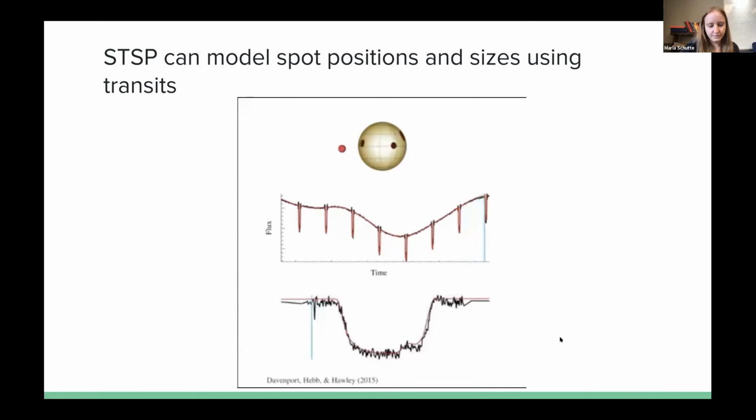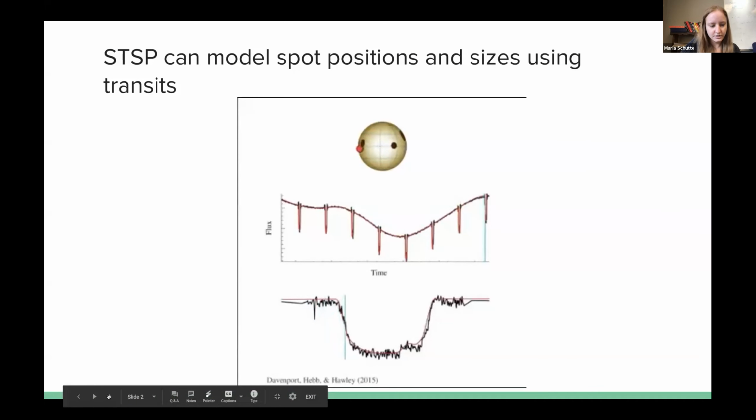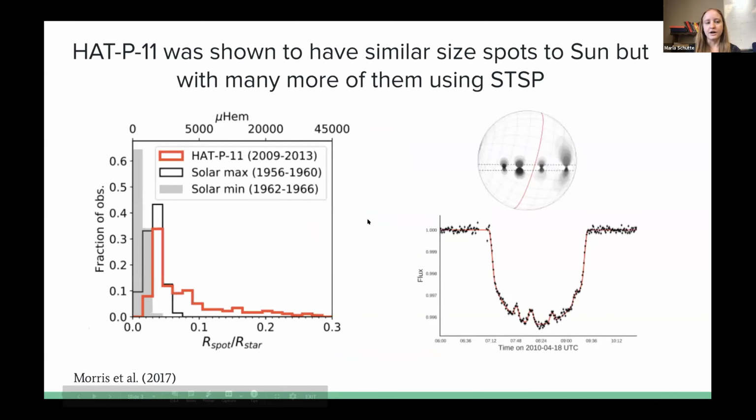So this program has been used before on the object HAT-P-11, which is a K-dwarf. This was done by Brett Morris back in 2017, and it was shown to have many more spots than the sun, but at similar sizes. So this is a K-dwarf with a similar rotation period to the sun. As you can see on the right here, this is an example of one of these light curves. This is Kepler data in black, with the model from STSP shown in red.